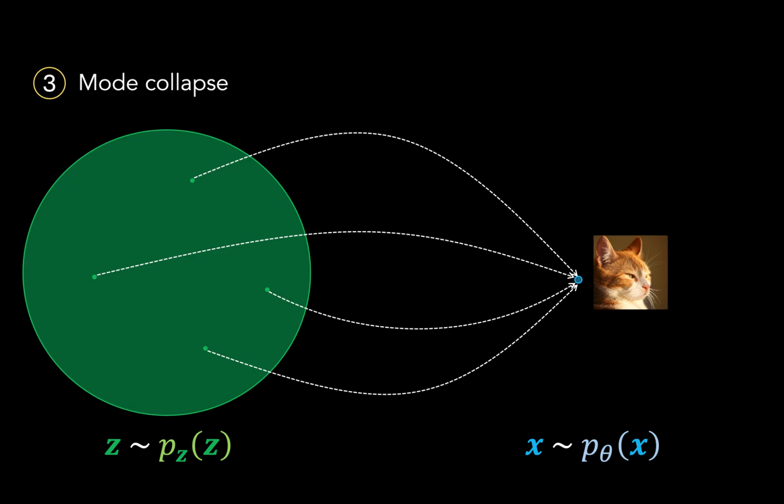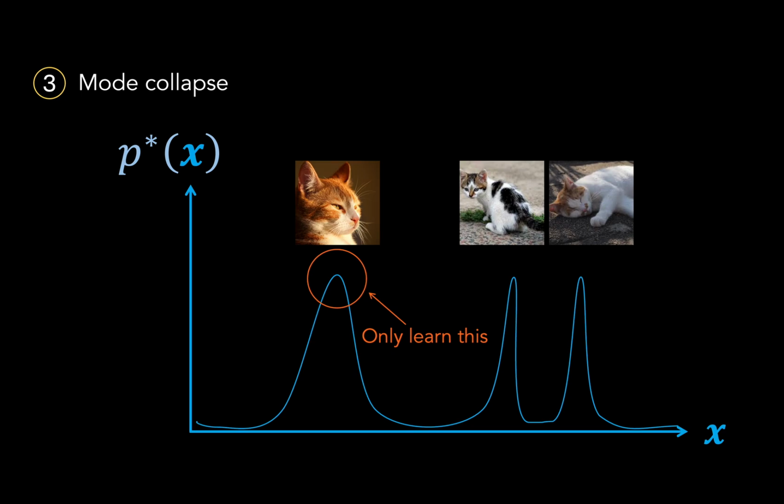However, a generator may very well come to rely on this strategy as a way of confusing the discriminator and reducing its own loss, just by producing the same output every time, which it knows to be a pretty good bet. Now, this is a common problem in GANs, and it's usually referred to as mode collapse, because in generative modeling, we're trying to capture the modes of a target distribution, but in this case, we're capturing just one of these modes.